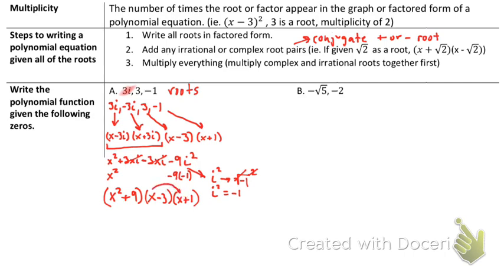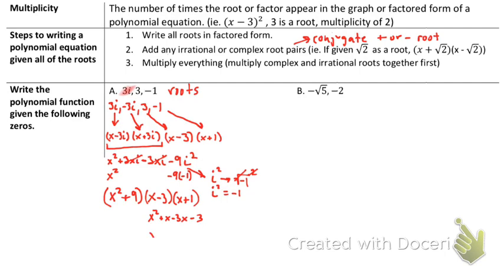So x times x, that's x squared. X times 1, that's positive 1x. Negative 3 times x, that's negative 3x. Negative 3 times 1 is negative 3.